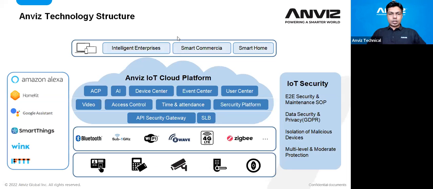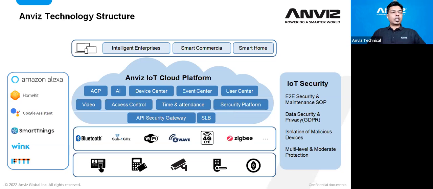This is our technology structure, where we cover ACPs, AI, and device center, that is device management, event management, user management, and video access control. All of this is covered under a single platform, the Anviz IoT cloud platform. Although it is still under development, we are going to cover everything on a single platform. We cover communication modes like Bluetooth, Zigbee, Wi-Fi, 4G LTE, and others.